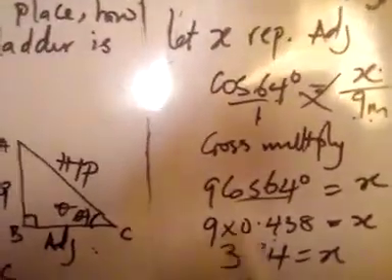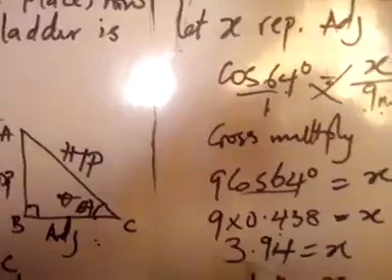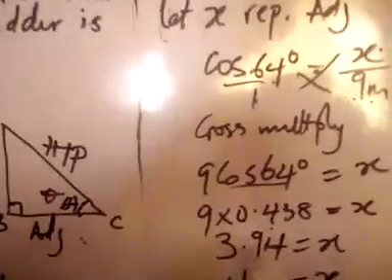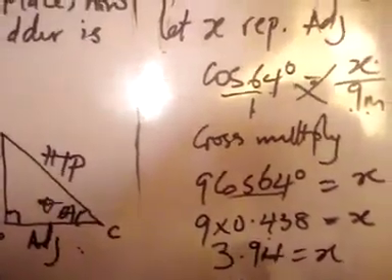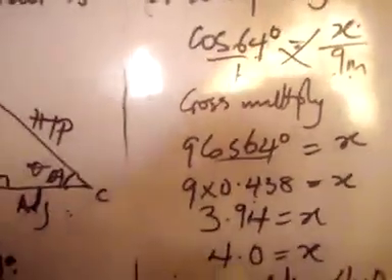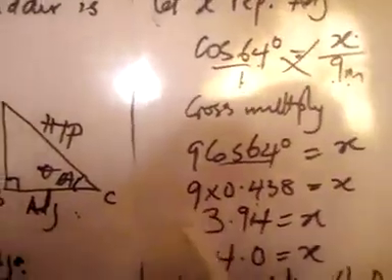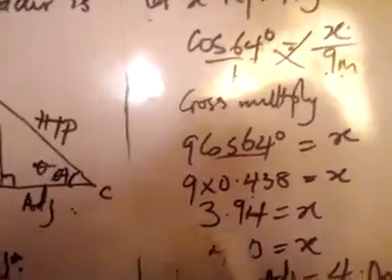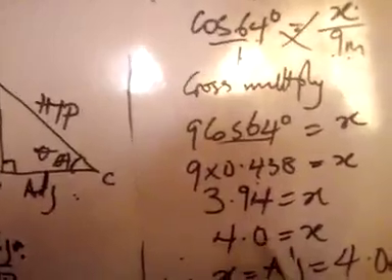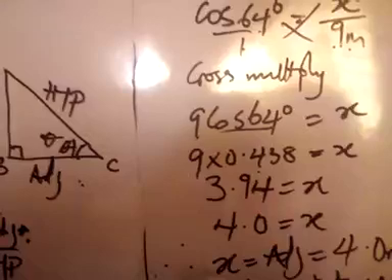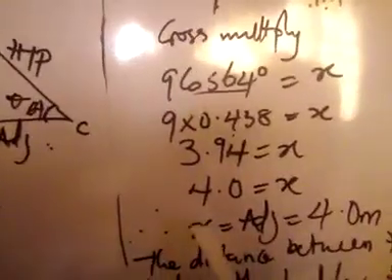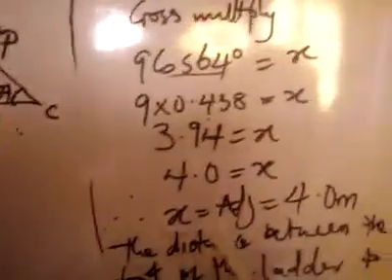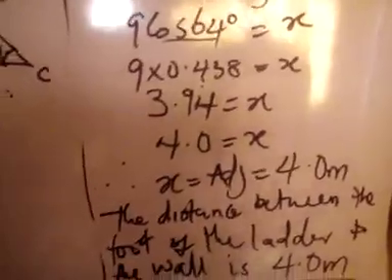So 9 times 0.438 will give us 3.94, which is equal to X. And don't forget that we have to leave our answer to one decimal place, so if we round this up, it will give us 4. So we have 4.0 is equal to X. So leaving the answer in one decimal place, X, which is the adjacent, is 4.0 meters. So the distance between the foot of the ladder and the wall is 4.0 meters.